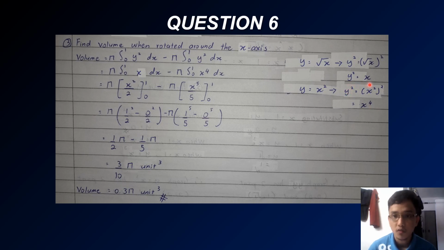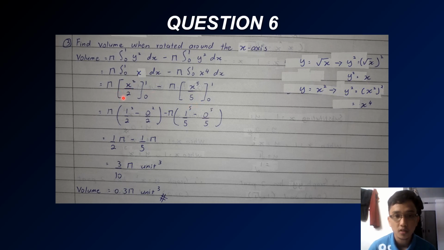After we get these values, we put them into the formula and get pi integration from 1 to 0 of x dx minus pi integration from 1 to 0 of x power 4 dx. Then we integrate. For x, we add 1 to the power to get x power 2 and divide by 2. For x power 4, we get x power 5 and divide by 5.